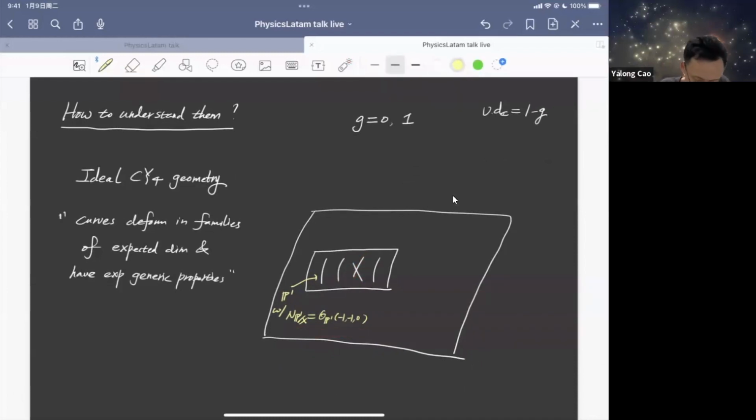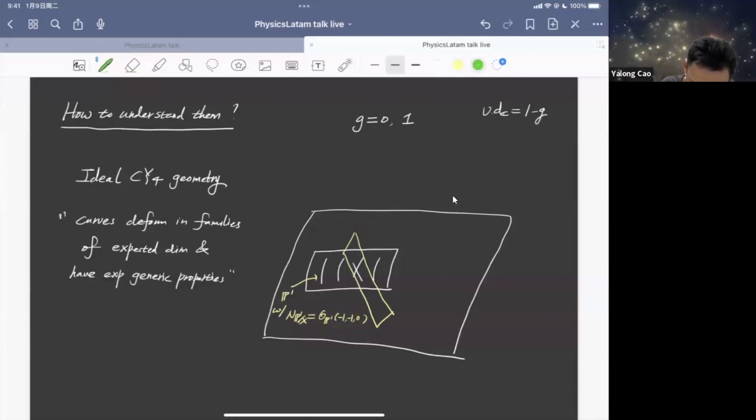Okay. So now you see that this P1 cannot deform in the -1, -1 directions, but it can definitely deform in the trivial direction. So this particular component should further live in a rational curve family.